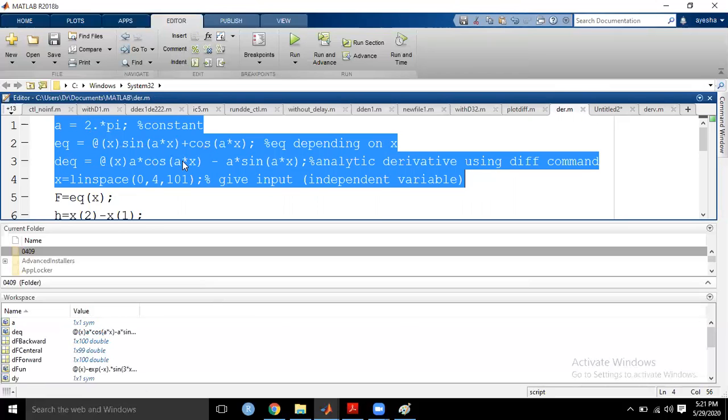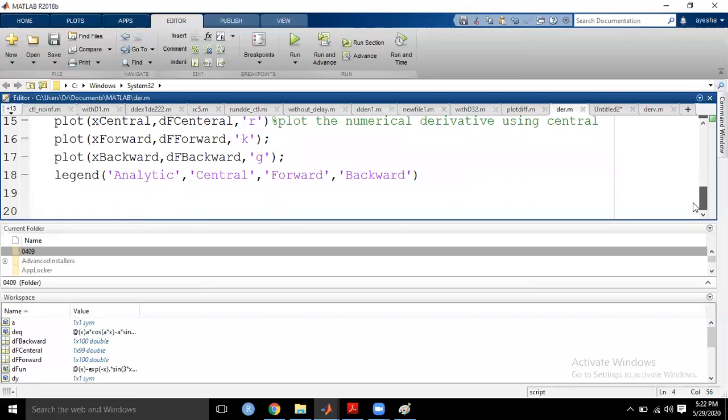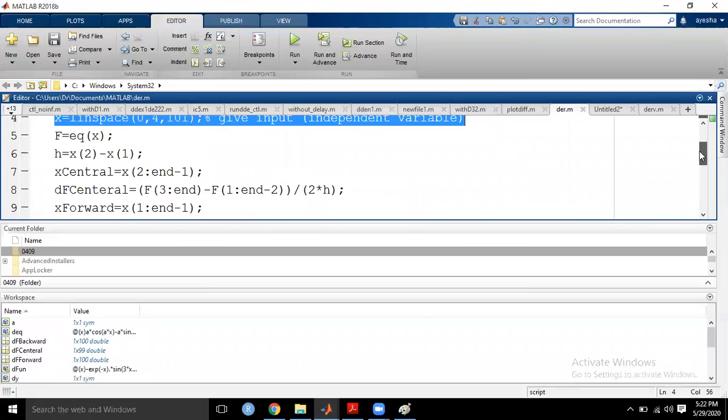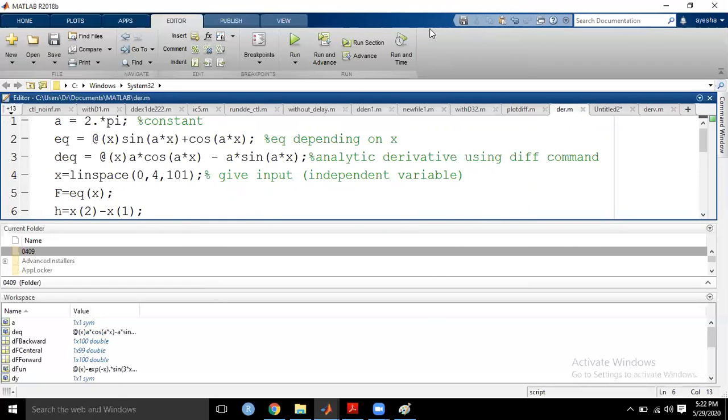Of course the derivative will change, and of course if you have defined a logarithmic function or so on, you will change the input for x as well. Okay, and then apply the formula. The formula should remain the same as I have typed, and then you will plot the graphs and share with me the graph and the group assignment as a Word document to the email address I have already shared with you. Okay, so thank you so much for watching, students.